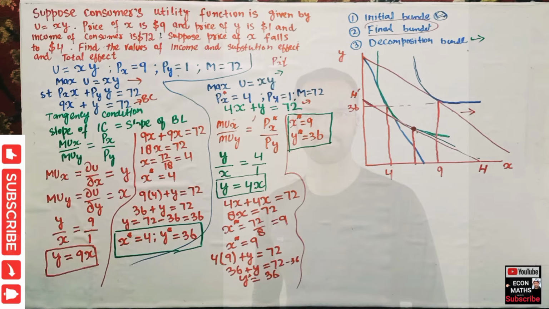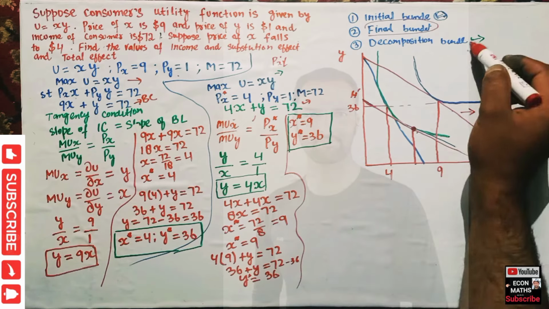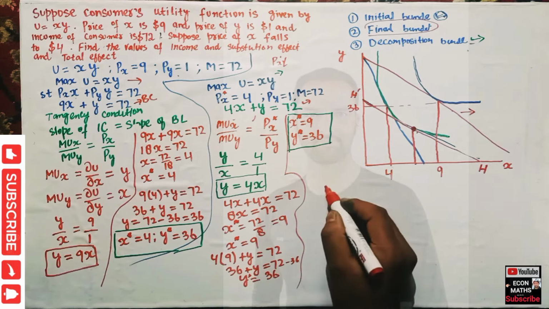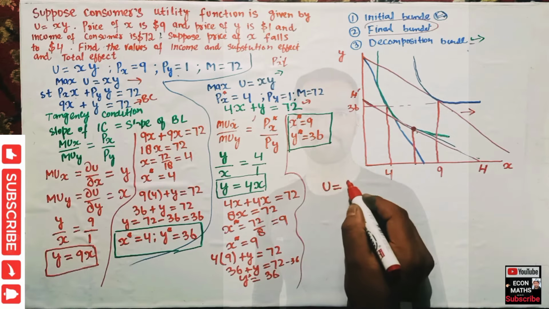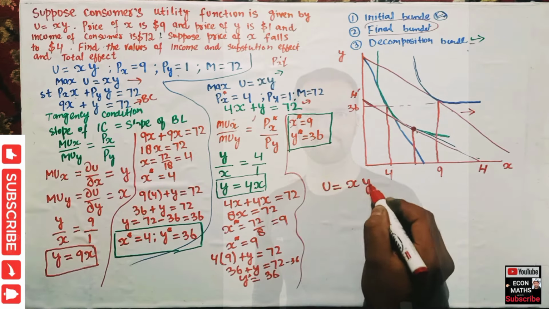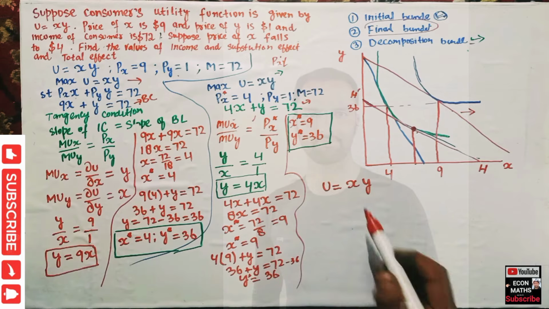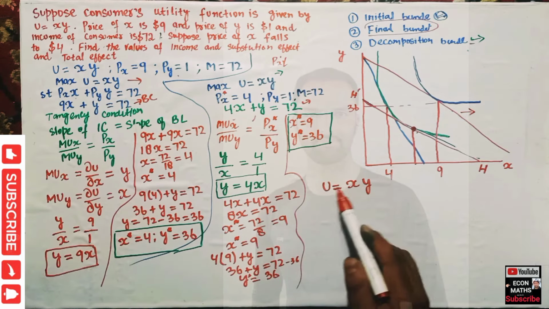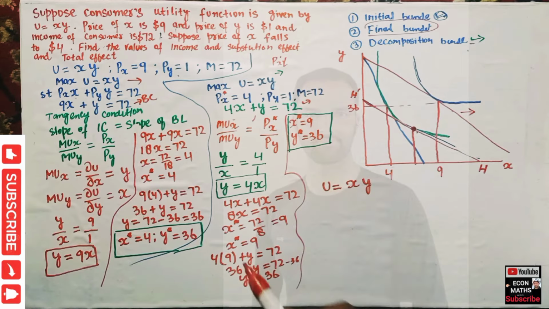So let me write it here. Finding the decomposition bundle: for that we have u = xy. That was our utility. So how much utility does the consumer get? We just plug the values of x and y into the utility function.